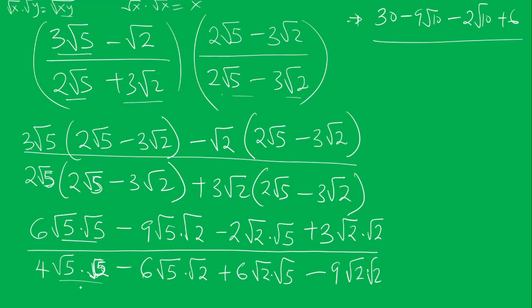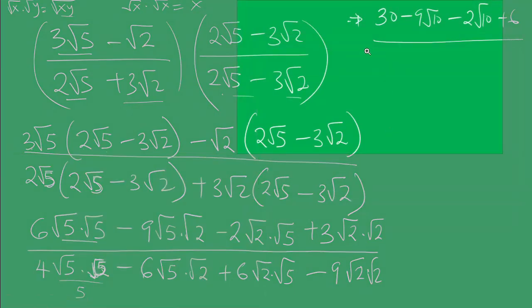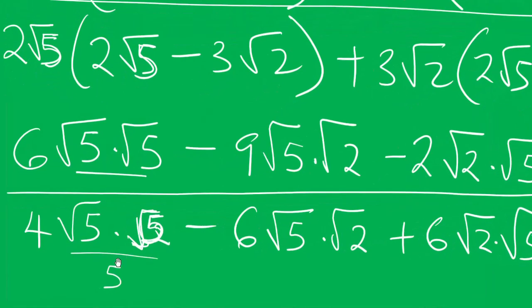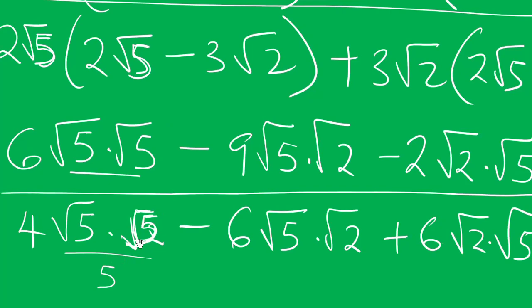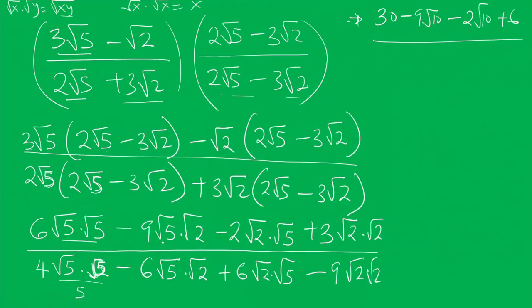So 4 times 5 is 20. So we have 20. Now you have minus 6, root 5 times root 2. This is root 10. So this will be minus 6 root 10.